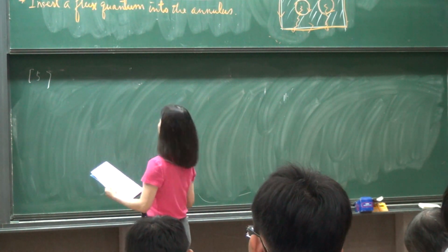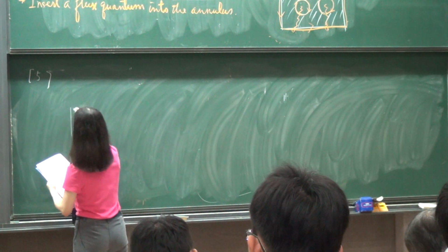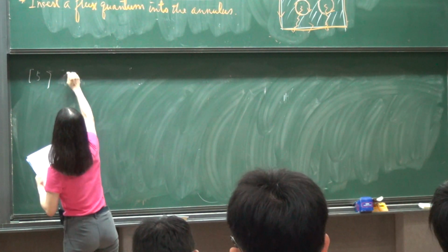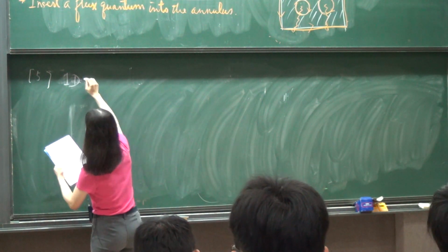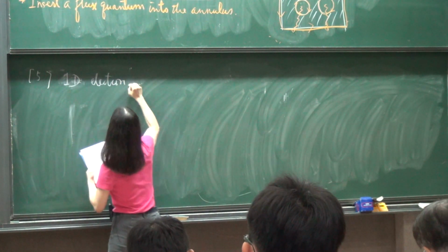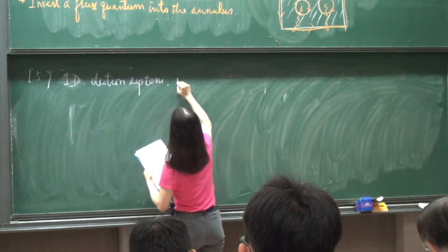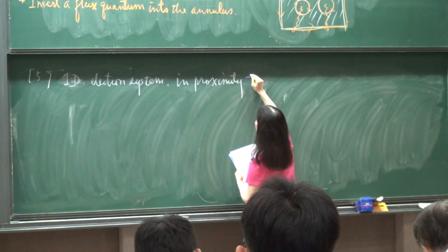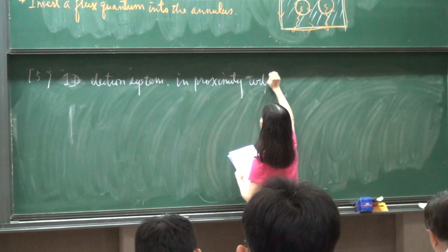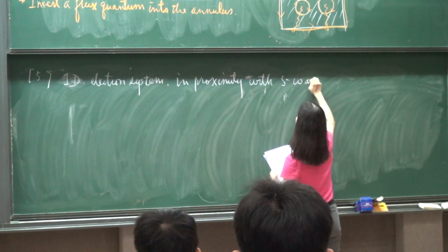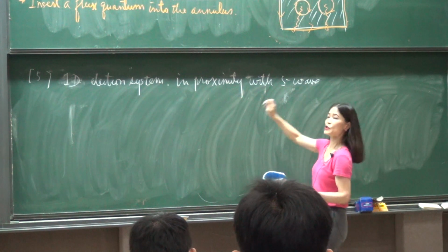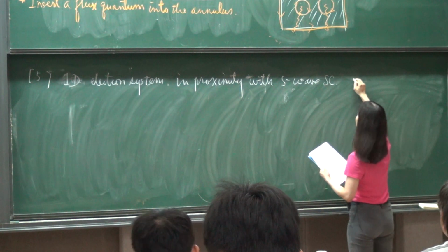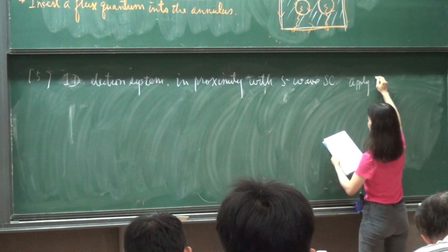So one way we can do is the following. If I have a one-dimensional electron gas, it can be due to anything, a 1D electron system, but I will have it in proximity with superconductivity. You have a lot of superconductors that are s-wave superconductors. You can have a one-dimensional system in proximity with an s-wave superconductor, and then you can apply a Zeeman field.